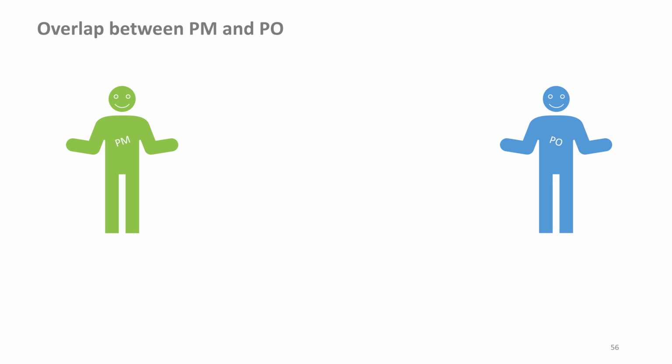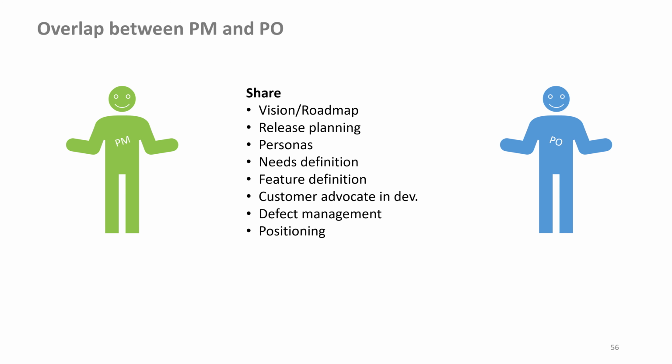Let us first take a look at what areas a product manager and a product owner share. Vision and roadmap, release planning are familiar, so I won't go into them further. Personas represent a prototype for a group of users with concrete characteristics and a concrete usage behavior.